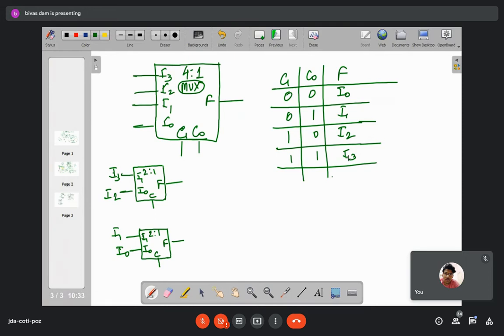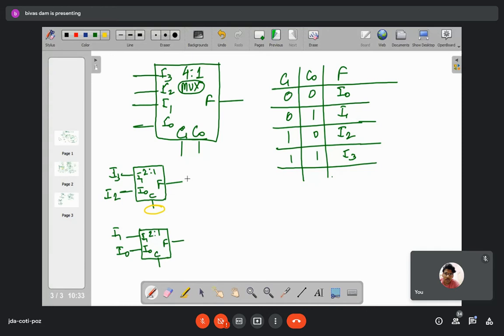Now, I have used 2 multiplexers. In the first one, the upper one, the 2 primary inputs are I3 and I2. Whatever control signal you connect here decides whether I am selecting I3 or I2 at the output.